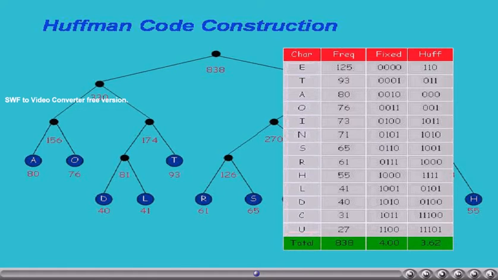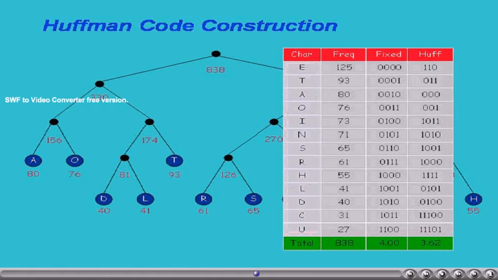In this example, we can also verify that the average code length is 3.62. This is relatively small compared to uniform length coding. This is because if you verify the distribution of the frequencies of the characters, we find there is not much variation.